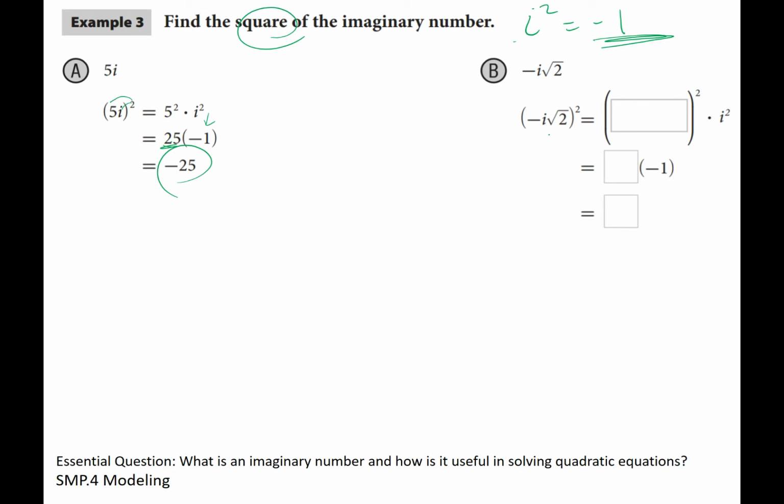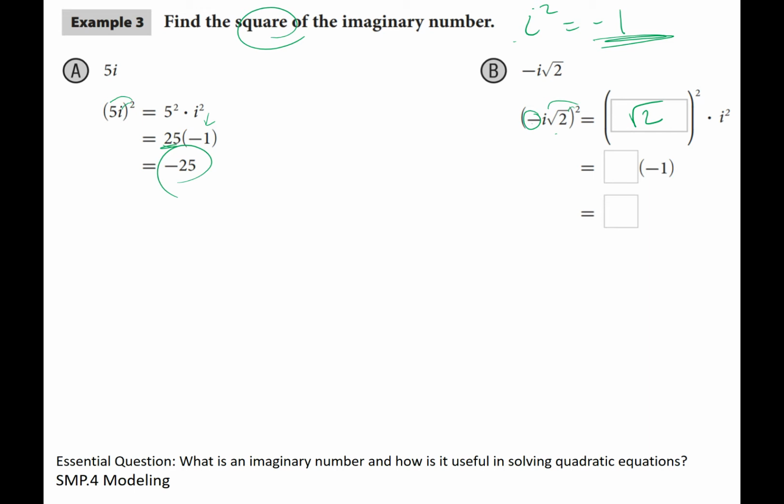So we're going to square this next one. We know that the negative actually goes away because it's really negative 1 squared. We're going to square the i and square the square root of 2. Actually, let me see how they write it. Let's see if they leave that negative in there.